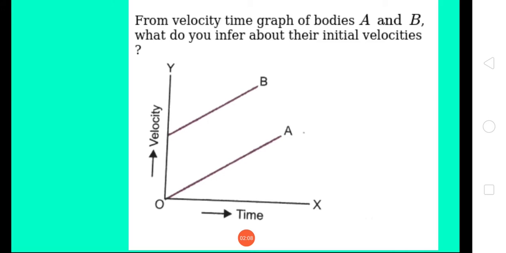Here you can see the velocity time graph of two objects A and B. So what can you infer about their velocities, especially about their initial velocities?